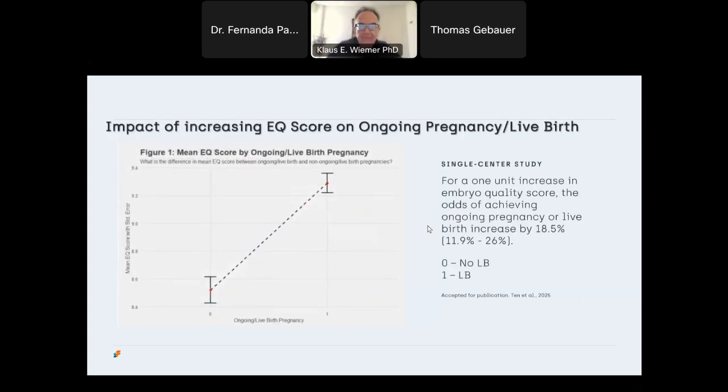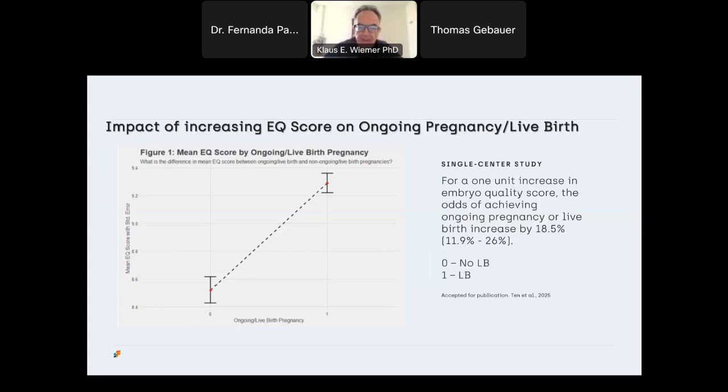And so then if we look at how this EQ score, embryo quality score, relates to pregnancy, this to me, I think, is really fascinating. We have a publication with our colleagues from Spain that's going to be coming out shortly.